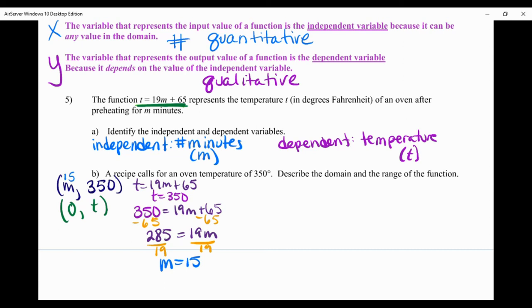Okay, now let's find the minimum temperature. So again, we're going to use t equals 19m plus 65. This time we're going to substitute the value m equals 0. Find the temperature at 0 minutes.